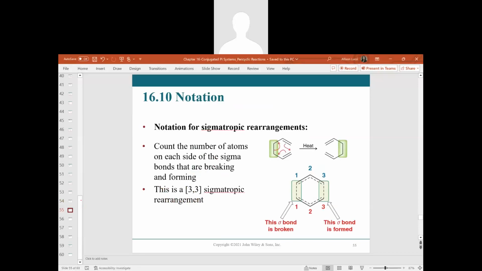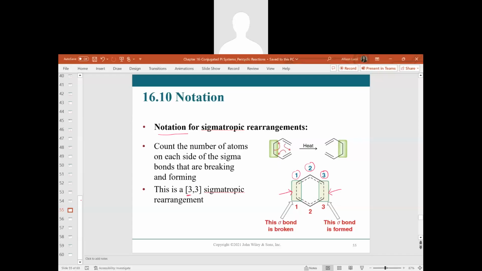Let's take a look at how these types of reactions are noted. The notation for this is a different type of notation than we have seen before. We have our sigma bond that's being broken, outlined over here, our sigma bond that's being formed with this specific product, shown over here on the right, highlighted in green, and then the atoms in between. That's where the 3,3 sigmatropic rearrangement notation comes from.